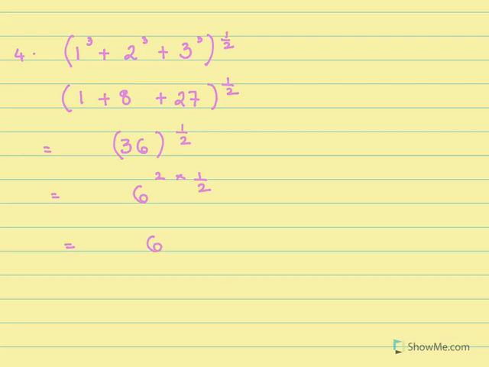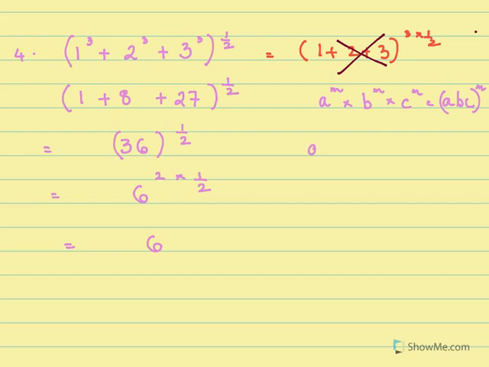Now many of the students would make this mistake. Since it is all raised to 3, you probably put 1 plus 2 plus 3 raised to 3 into 1 by 2. This is absolutely wrong because if we have a raised to m into b raised to m into c raised to m, we can write a, b, c raised to m.